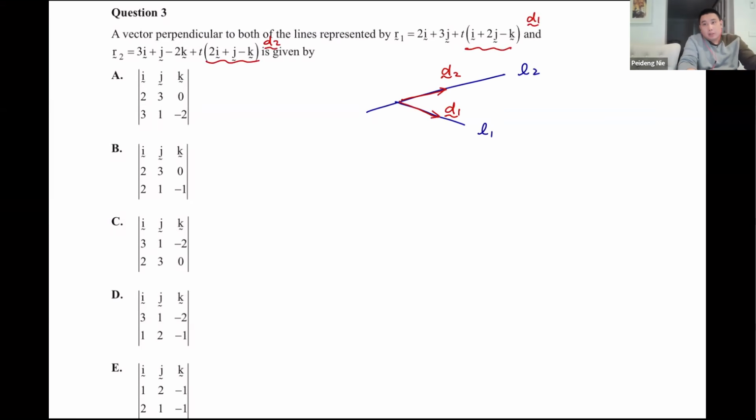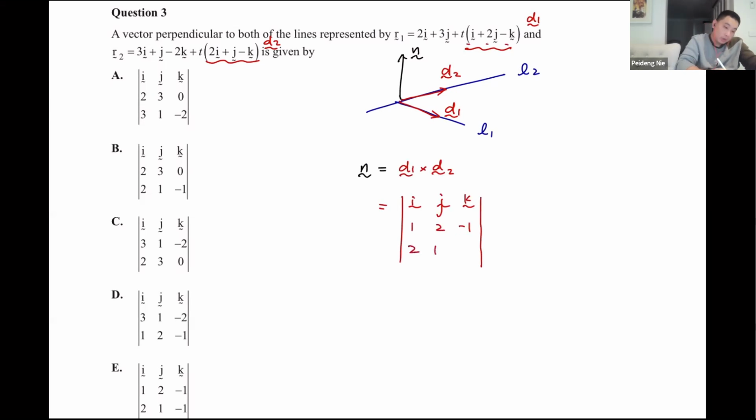How do I find the vector perpendicular to both lines? That means I need to take the cross product. So to get n, the normal vector, I'm going to use d1 cross d2. A proper setup for this cross product is the 3 by 3 determinant with i, j, k. For d1 we have 1, 2, minus 1 components here, and for d2 we have 2, 1, minus 1.